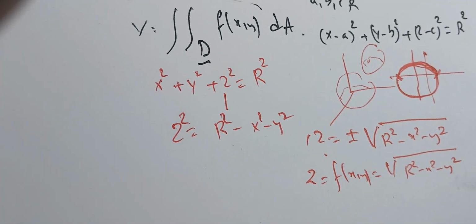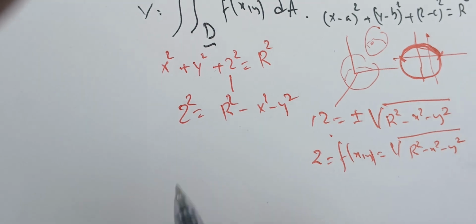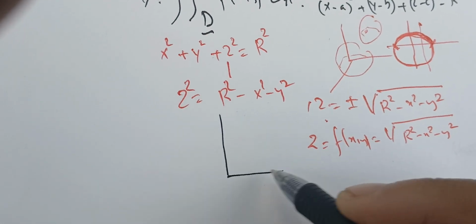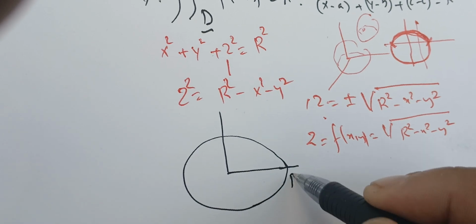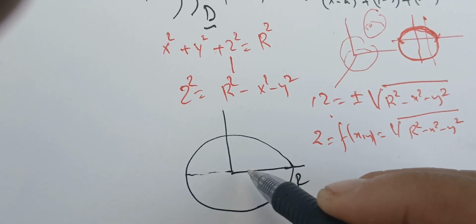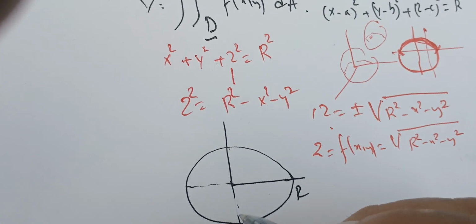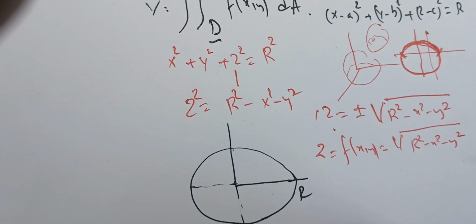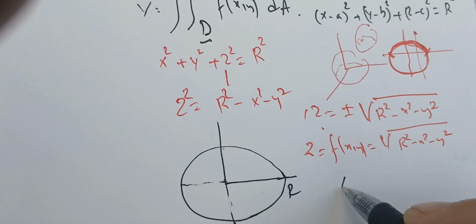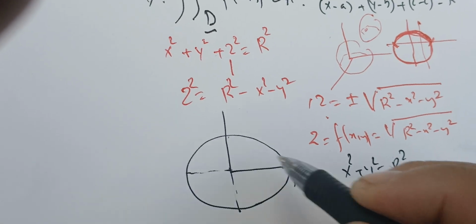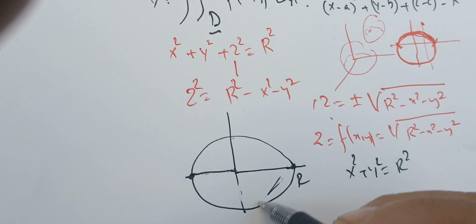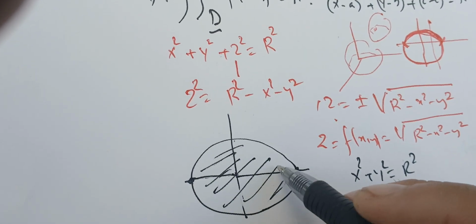In our case, when we do this integration, we want to integrate over some disk. This is our region, the part of the sphere when z is 0. In this case, we have x squared plus y squared is r squared, and therefore we can set up this one as our domain, or disk.